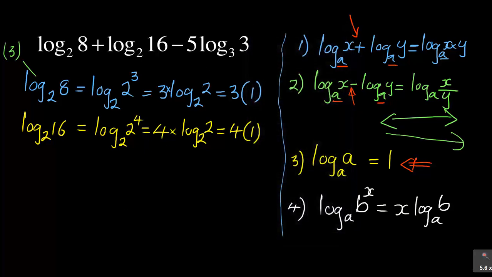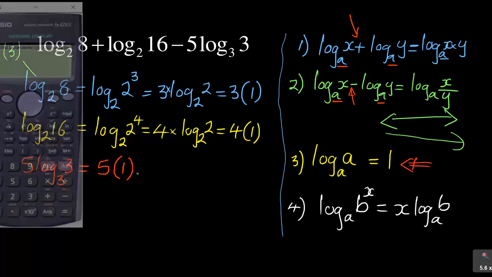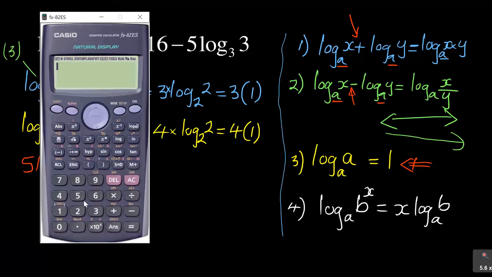Lastly, we are given 5 log base 3 of 3. In actual fact, this is already simplified because the 5 is multiplying. So it is 5 times, and the number and the base are the same, so it is a 1 there. You can also test it, 5 log 3 of 3, and you can see it's giving you a 5.